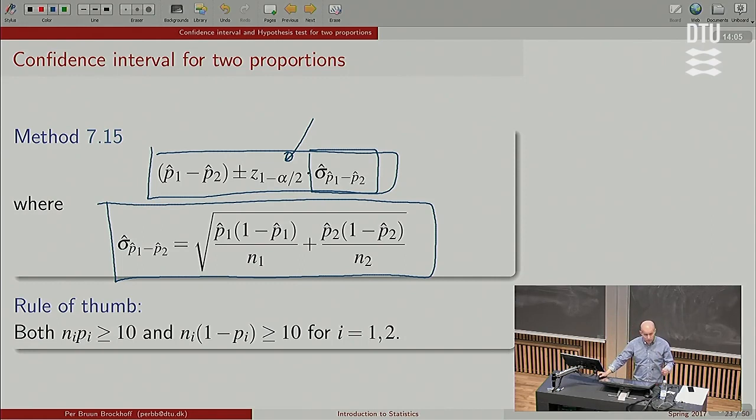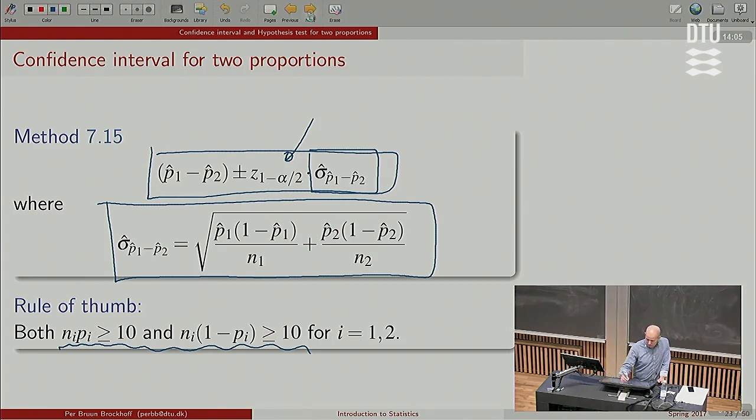We've seen similar reasonings early on, so let's not dwell on the details now. There is a slightly different rule of thumb to make this a valid approach, but it's still the same. The ends should be sufficiently large for this approximation to be valid.